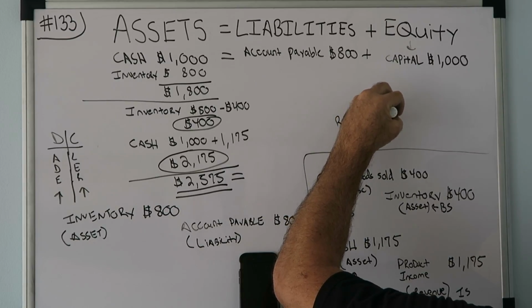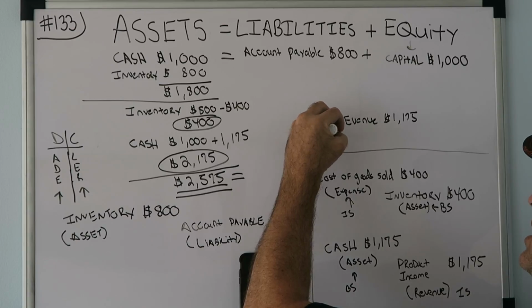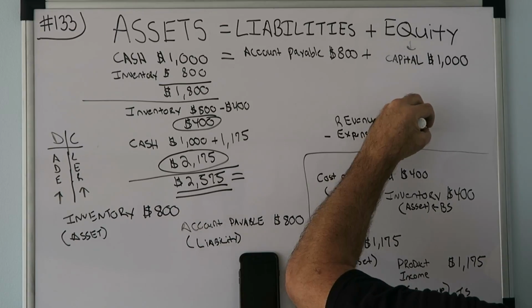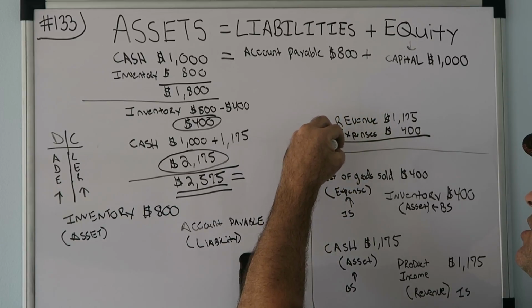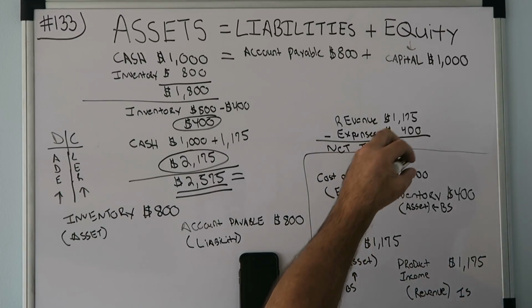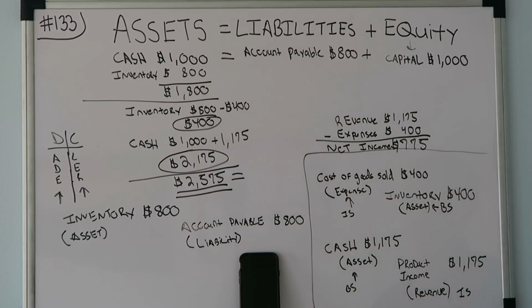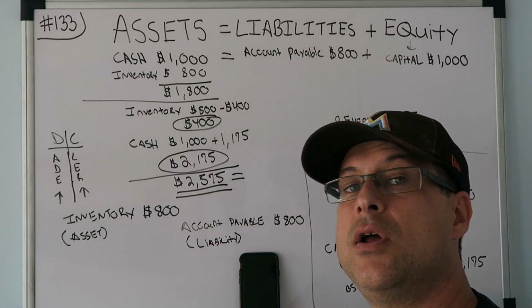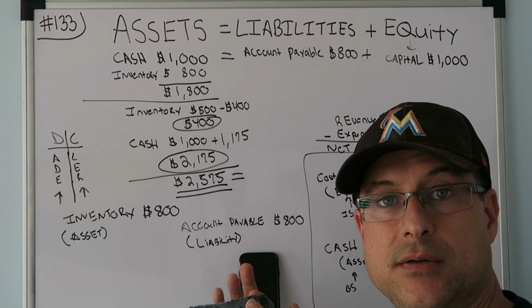Revenue is $1,175 minus our expenses, $400, leaves us with our net income of, what is that, $775. So we have net income of $775. Net income, it's a part of equity.